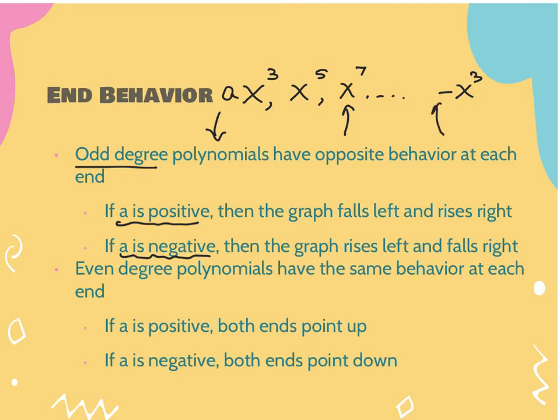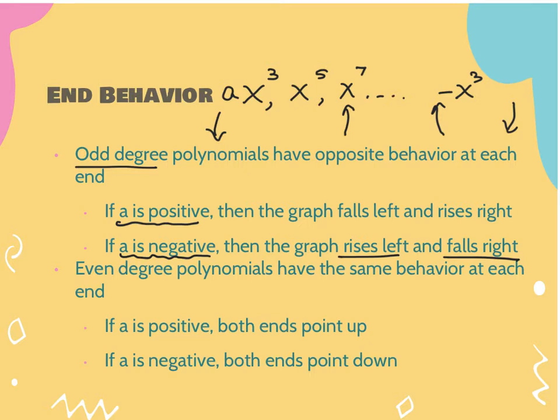It's going to rise to the left, but fall to the right. So rise left, falls right. Be able to recognize the description of the end behavior and be able to recognize that it's rising to the left or falling to the right when the number in front of your x to the third power or x to the fifth power is negative.